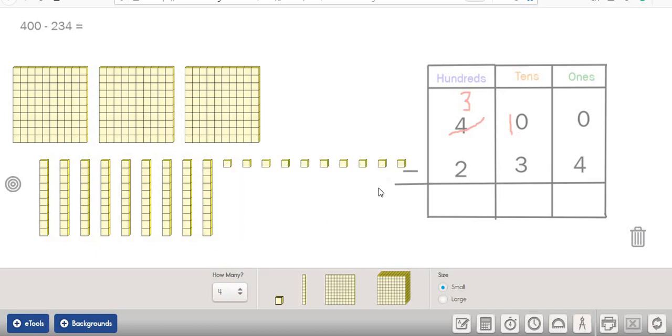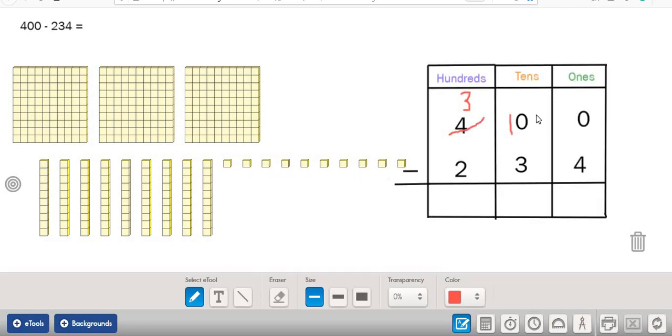So interesting. Now we have 10 ones. So this 10 is gonna be 9 and this 0 is gonna be 10. Now 10 minus 4 simply equals 6. So we will cross out 1, 2, 3, and 4. We have 6 ones now.